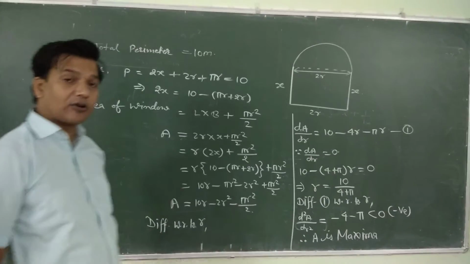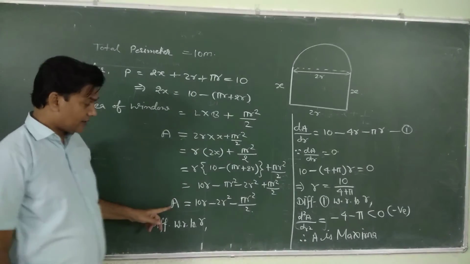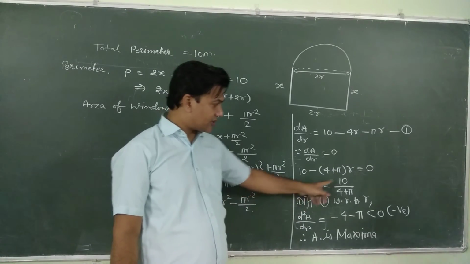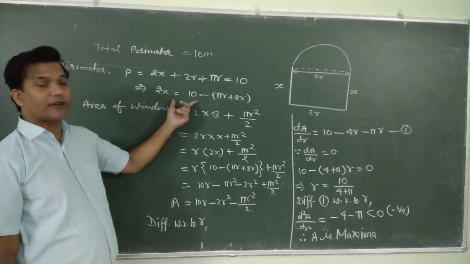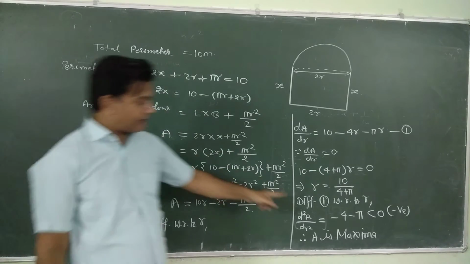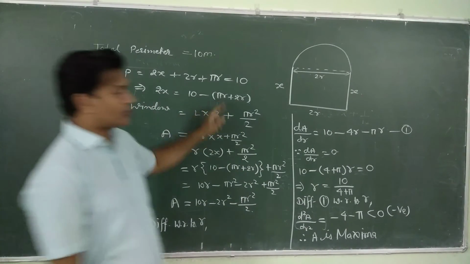Now we have to find out the value of the sides, where the radius is already calculated, which is 10 upon 4 plus pi. By the help of this we want to find out x also. So substitute the value of r at this place.